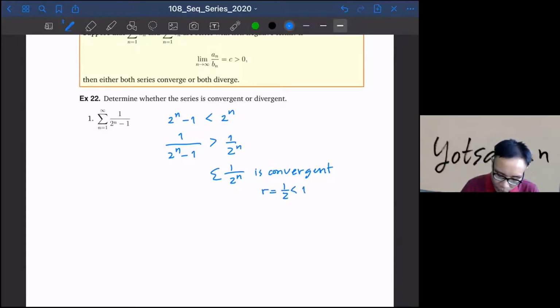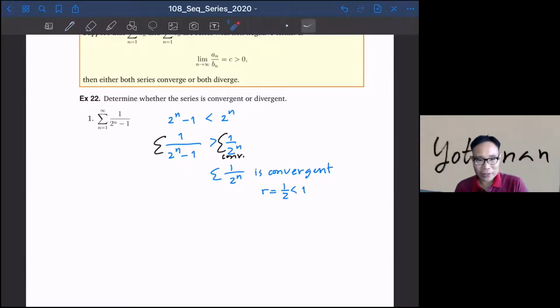So this one is convergent, and this one turned out to be higher than it, so we will not be able to reach a conclusion.